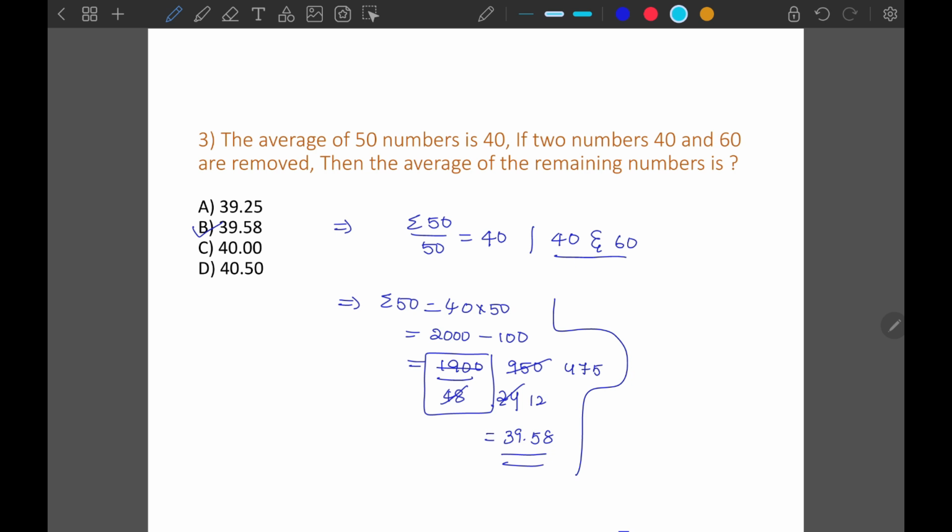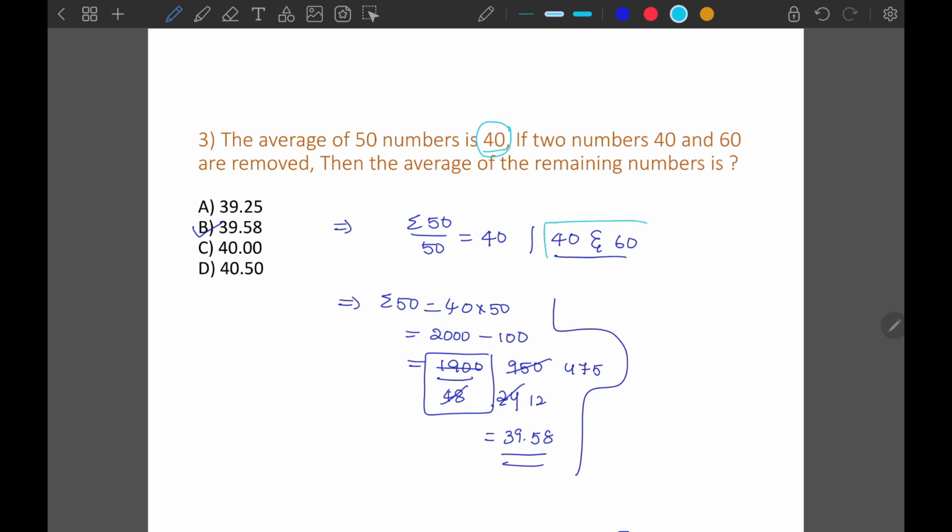We have a concept in mean: if the mean of the observations is 40, it means that every number is treated as the same. That is, if the mean is 40, then every observation is treated as 40, right?